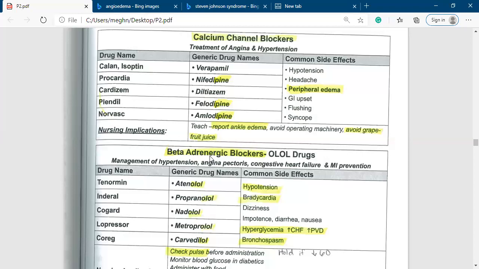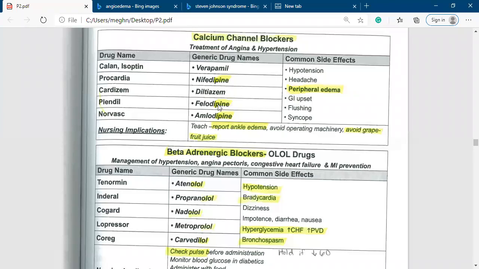So as I told you, for the calcium channel blocker, in some medical conditions we should not use it, and this is called contraindication.